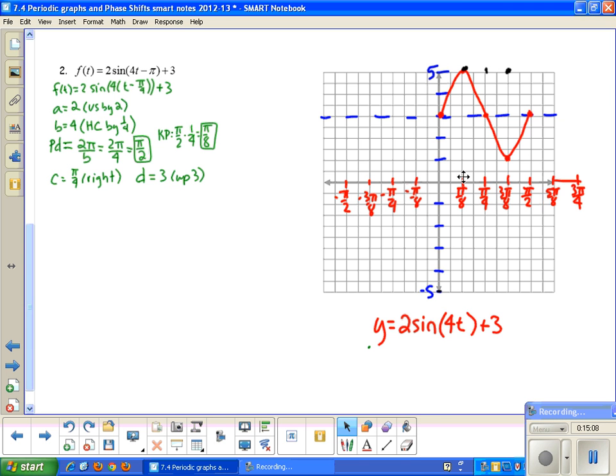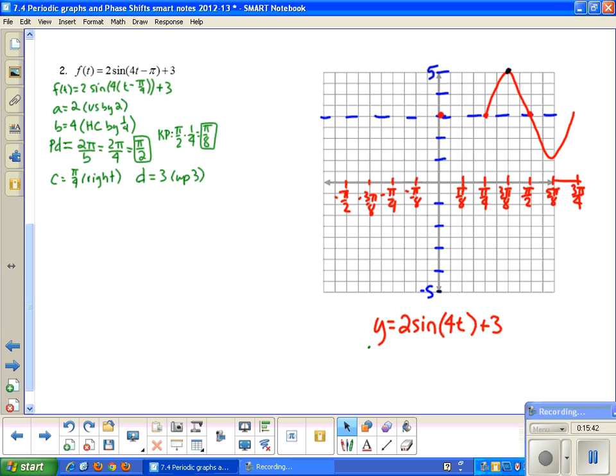So I'm going to take my graph and move it. And so this would shift my graph right here over pi over 4. So that would be my new graph. And then of course I could do another cycle. So if I did another cycle, the next point would be down here. And I think I'm a little off on the graph, so I'm going to bring that down a little bit.